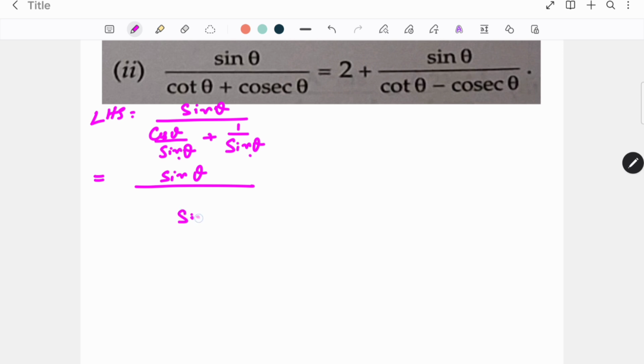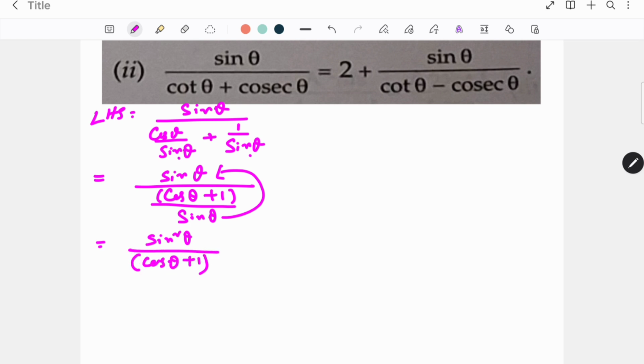So sin theta will be the LCM, then it will be cos theta plus 1. Now this will be reciprocal because it is in the down, so it will be multiplied as reciprocal. It will become sin square theta, and down it is cos theta plus 1.